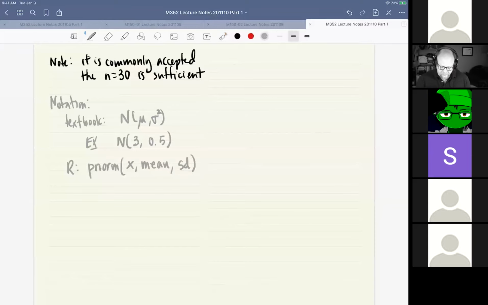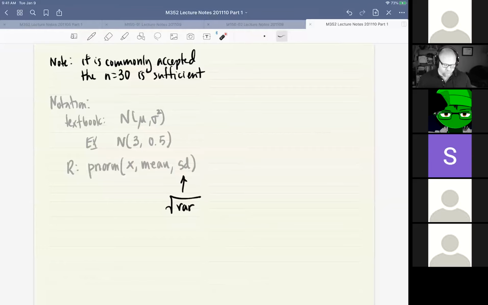So just remember that. Don't get tripped up by going back and forth between the book notation and using R. You'll accidentally use the variance instead of the standard deviation, and that will change your numbers. That will change your answers.